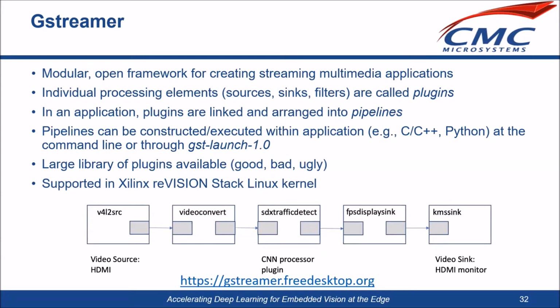The SDx traffic detect plugin is our core processing element for object classification and detection that runs our CNN. The processed frames are then output to a plugin from the GStreamer library, which will count and display the number of frames per second, and then that will be sent to the HDMI monitor as the video sink.